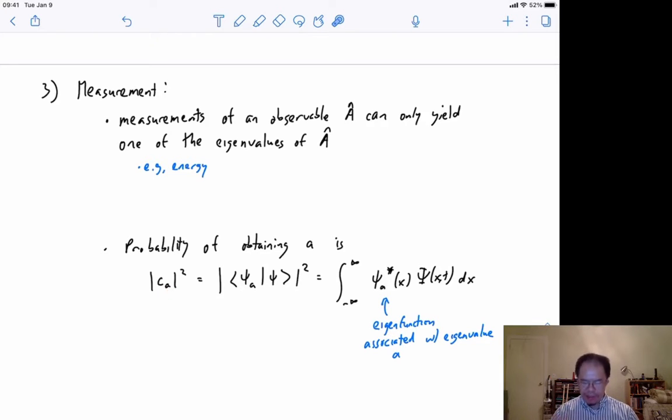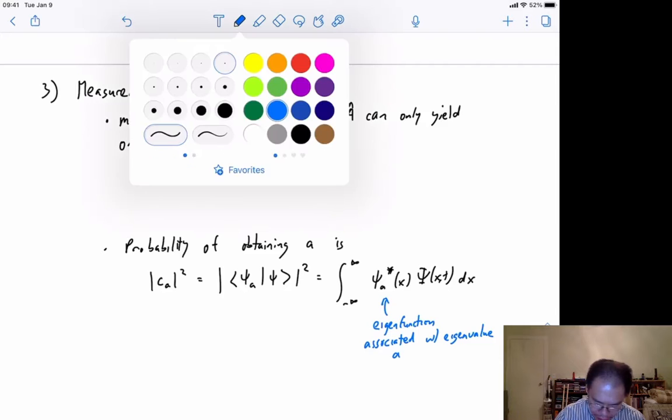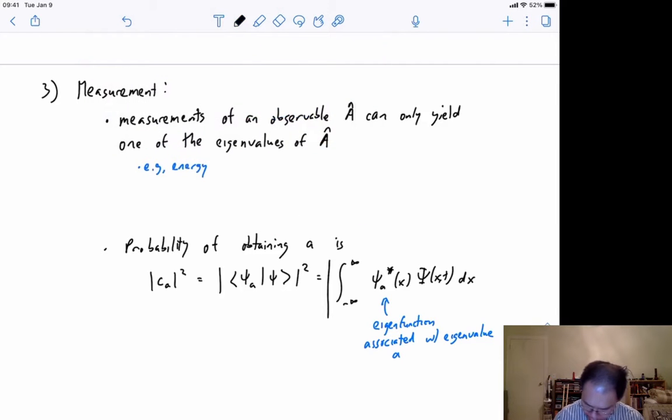And the idea is that we find those coefficients, and I should say this should be modulus squared here. And we find those coefficients by taking the inner product, so multiply your arbitrary wave function by the complex conjugate of the eigenstate and integrate over all of space.